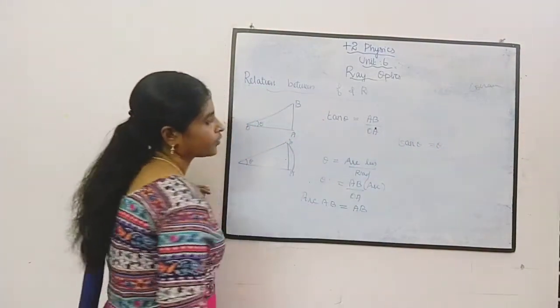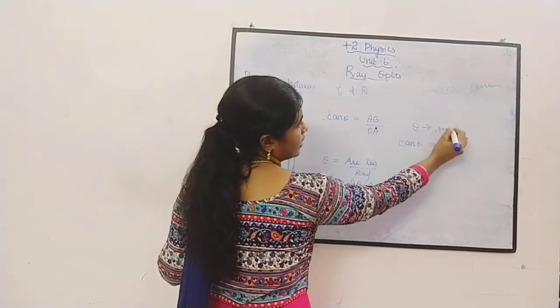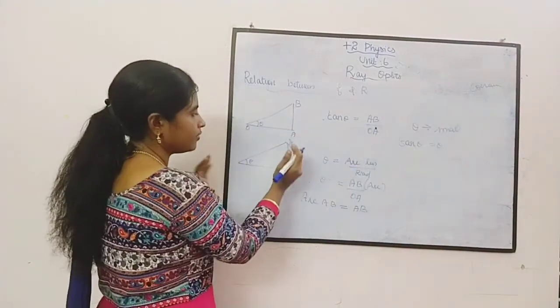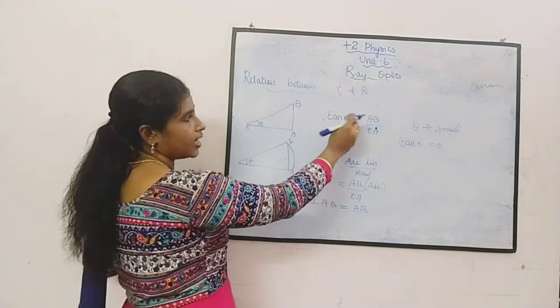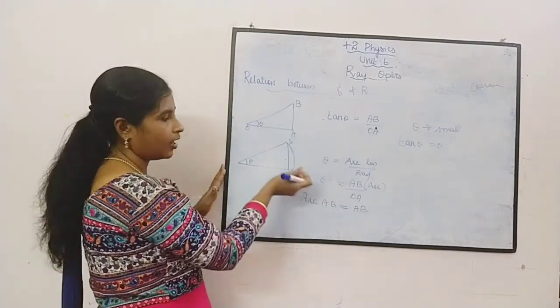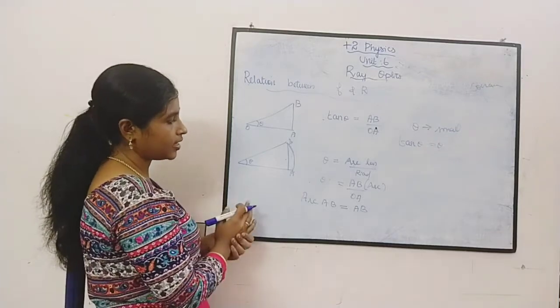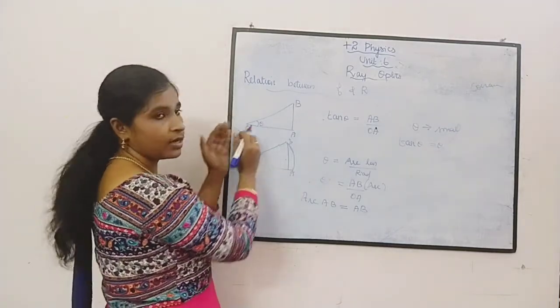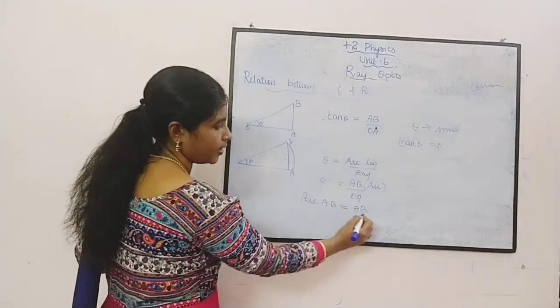When theta is very small, we can write that tan theta is taken as theta because these two are equal. When the angle is very small, these two cases will be equal. So I can simply write that arc AB is equal to AB.